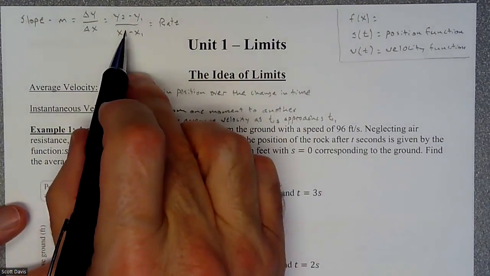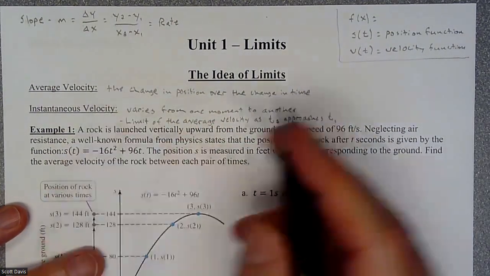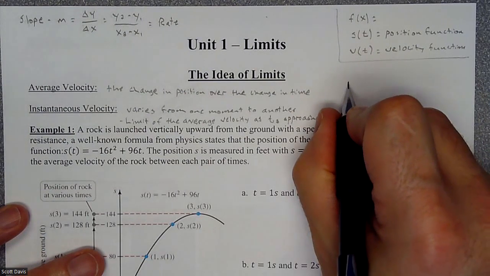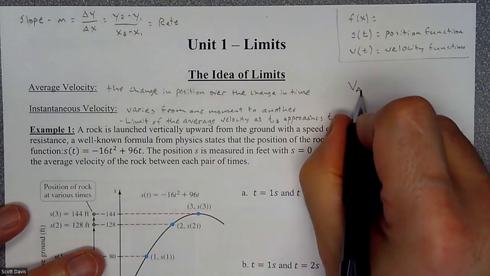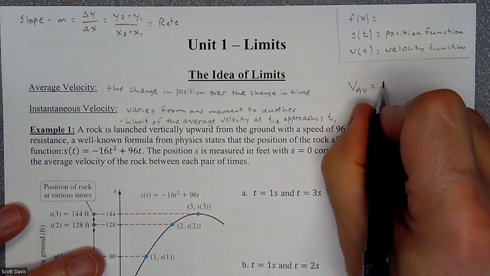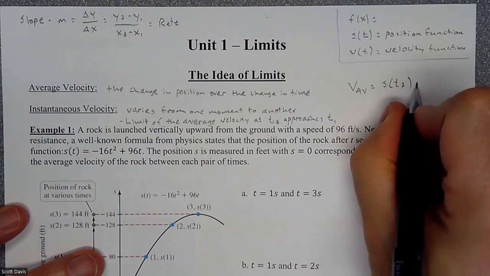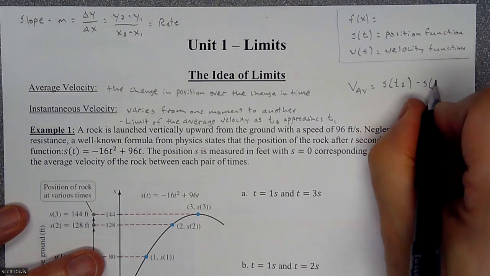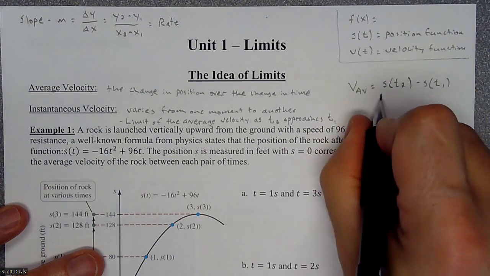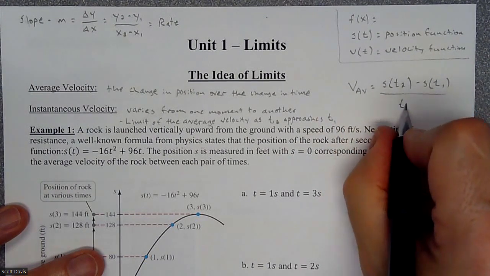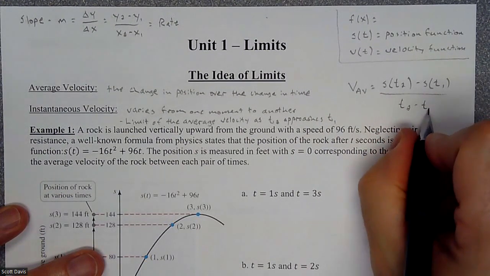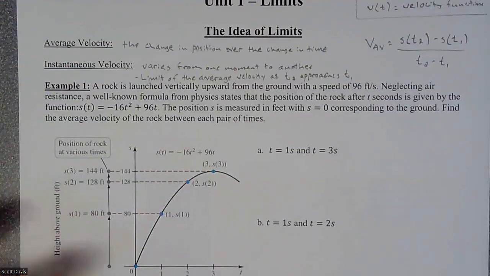If I take this idea and turn it into an average velocity, it looks like this formula-wise. Our average velocity is going to be our position function at T2 minus the position value at T1, divided by T2 minus T1. Right, so let's bring that in.